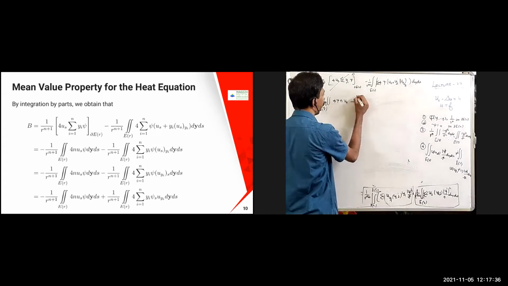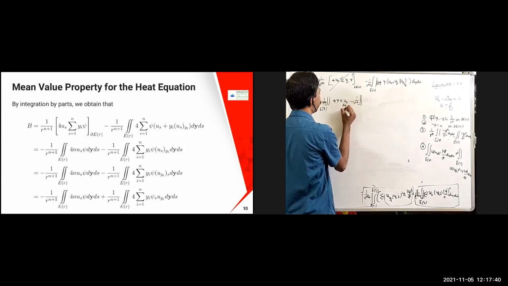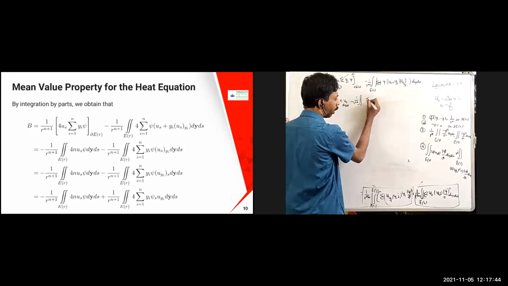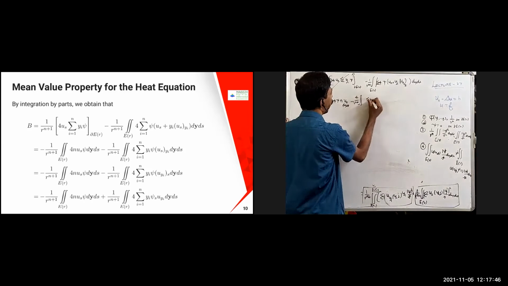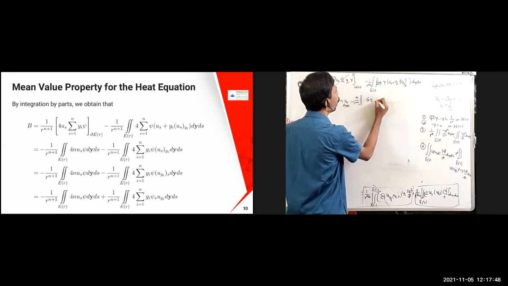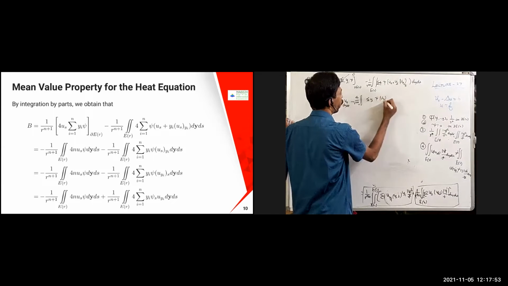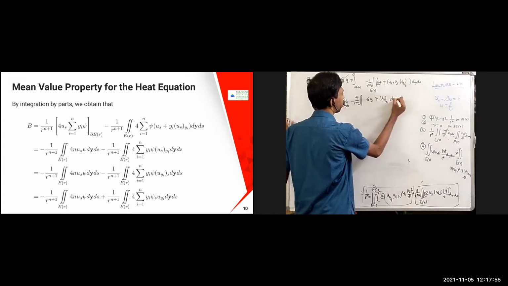Minus next one, 1 by r power n plus 1, here dy ds is there. This is going to be summation as it is, 4 into yi into psi into us yi dy ds.